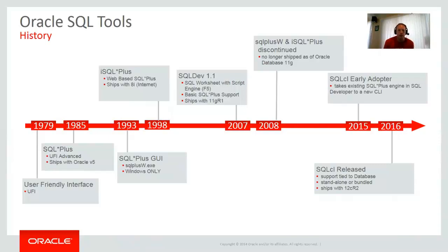It was a little bit nicer, had a few more features over just using that in a raw command window. And then, of course, the internet craze hit, and we had Oracle Database 8i, where the i stands for Internet, surprise. So we also brought out iSQL+, which was a web-based SQL+, and I have to admit, I don't think I've ever used that tool.